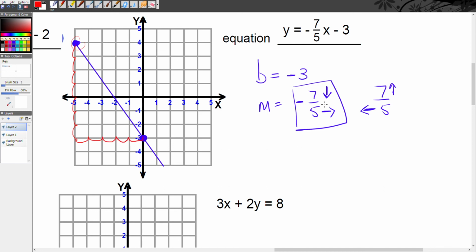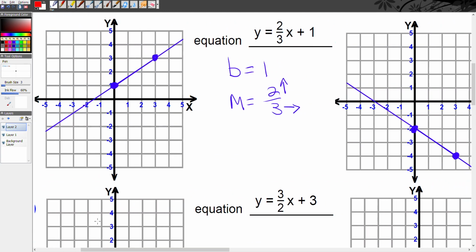So you see, even though we went backwards and we had to use this trick of up 7 and left 5, our line does still follow a slope of down 7, right 5. The only reason we went up and left was because we ran out of room down here at the bottom. All right, let's take a look at another example like this.